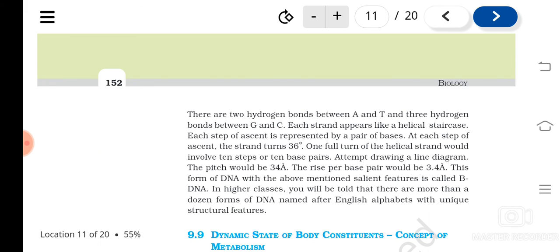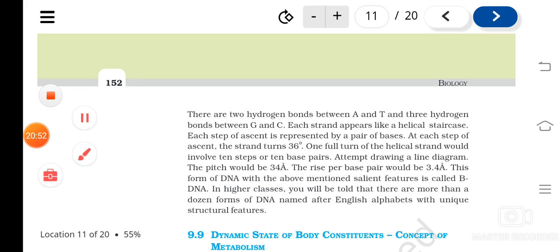Then each strand appears like a helical staircase, and each step is represented by a pair of nitrogen bases. At each step the strand turns 36 degrees, and one full turn of the helical strand has 10 base pairs.